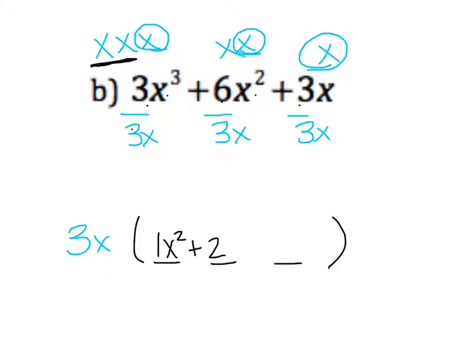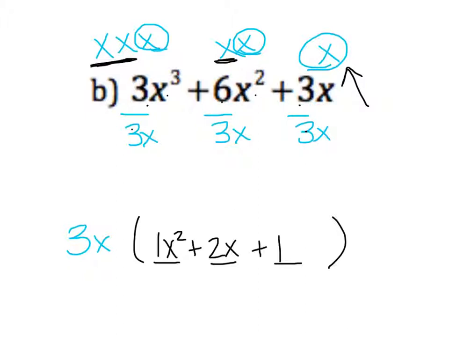X to the second divided by x is just a 1x, and that's what I have left over that I didn't circle. 3 divided by 3 is 1. X divided by x is 1. You can see that I have no leftovers after I circled the 1 that term has.